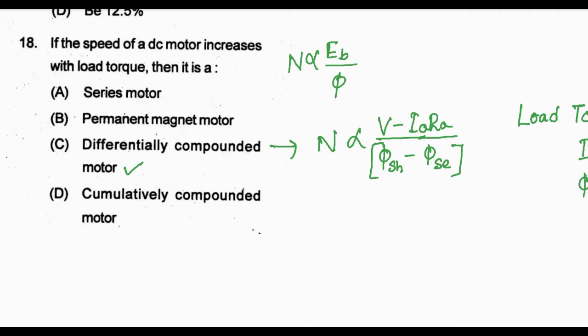EB is the back EMF and phi is the total flux, which may be shunt field flux or series field flux. We know that the speed is increasing with load torque. That means when load torque increases, speed is increasing. So N is directly proportional to V minus IaRa.